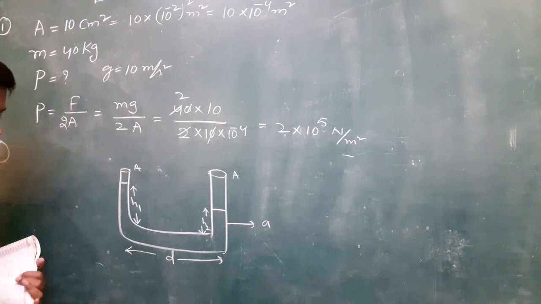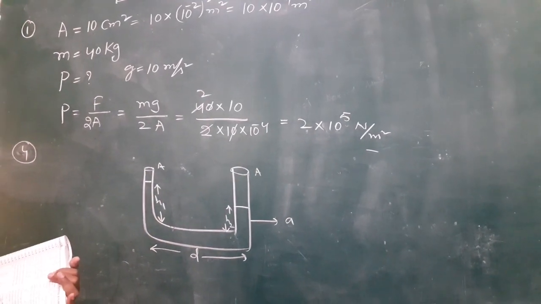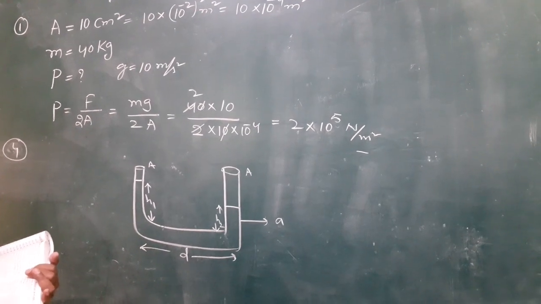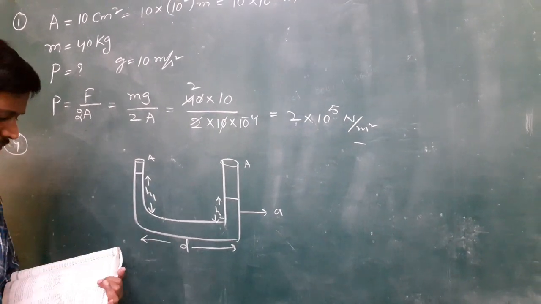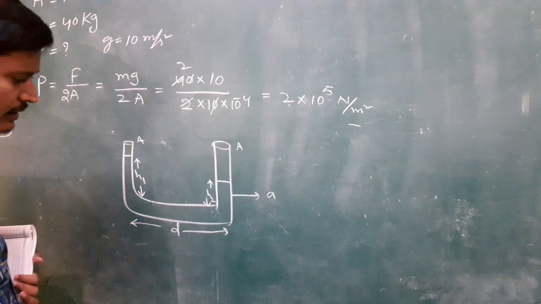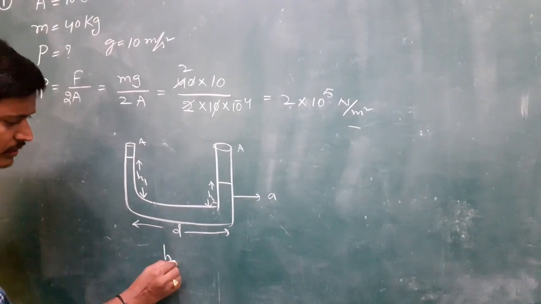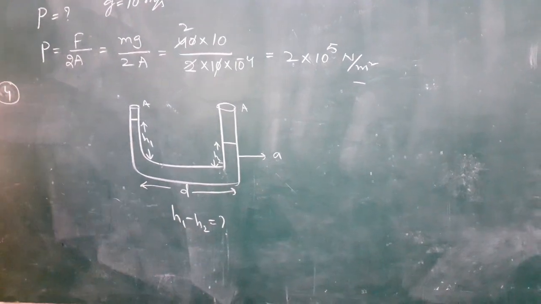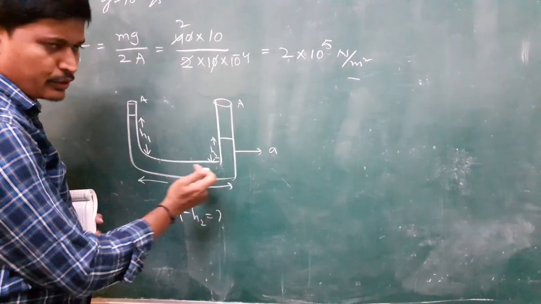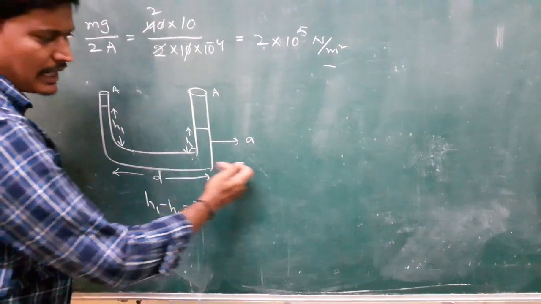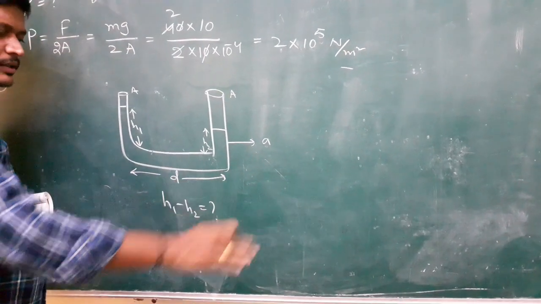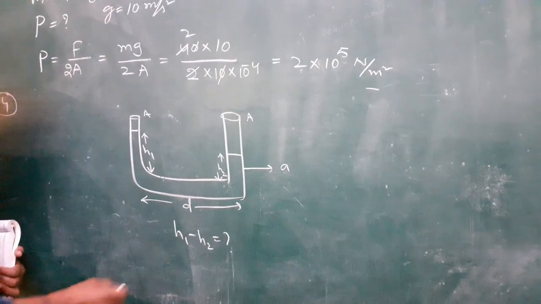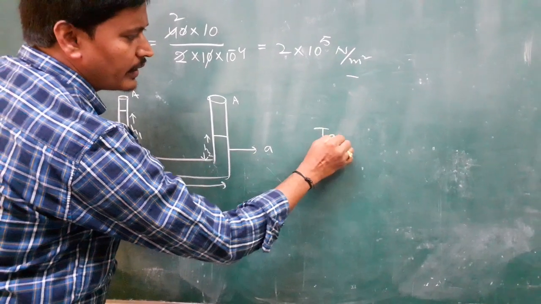So the next question is, what is the level difference between these two limbs? h1 minus h2 is equal to what? Whenever a horizontal tube filled with a liquid is accelerated in the horizontal direction, the general formula for the difference of the levels is tan theta.